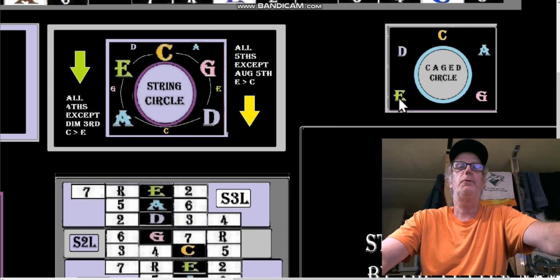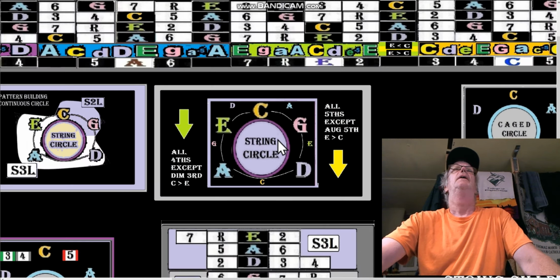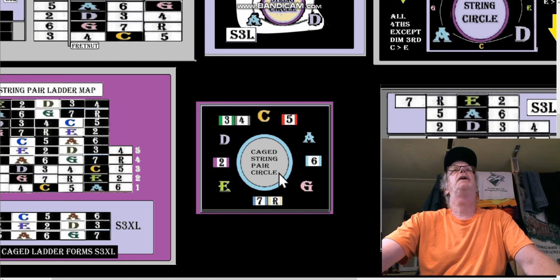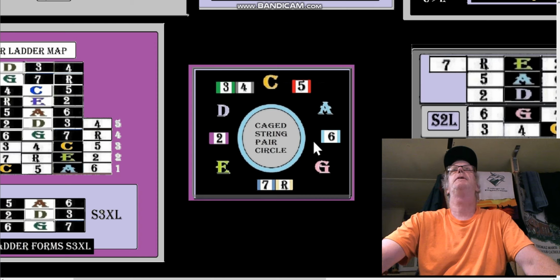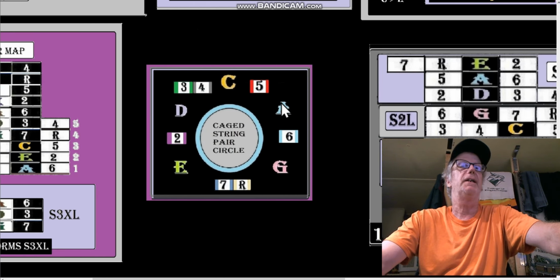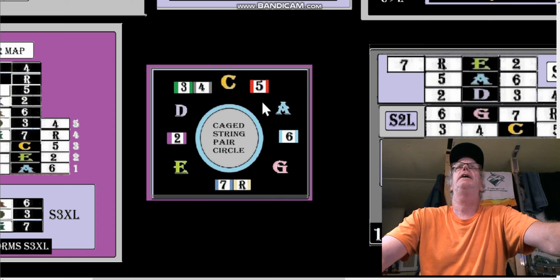Isn't that funny how it works out? This is why this stuff's fun and I like to do it. Now, I don't like to always talk about something that's not on topic, but hey, somebody might be looking at this diagram and say, what's this? Same thing. It's CAGED if you see the C-A-G-E-D.